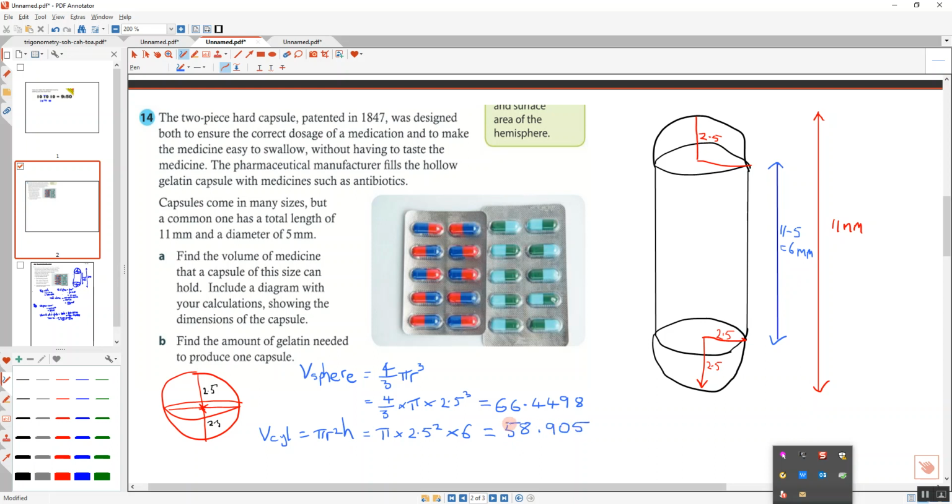So the total volume is these two things added together.